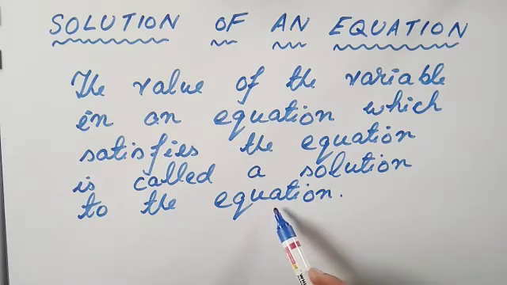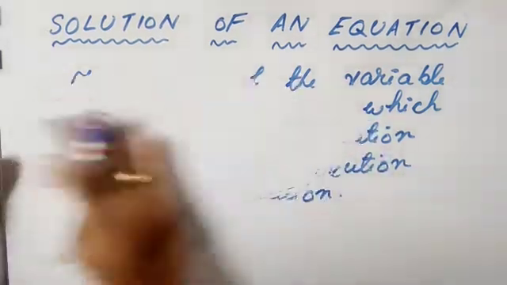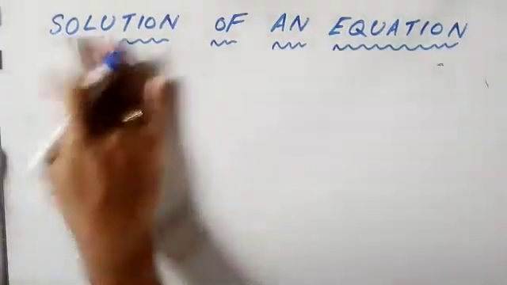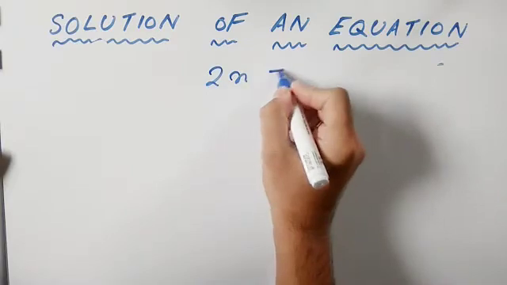Understand? So in short, we can say that it must be the value of the variable in an equation, and that value must satisfy the given equation. Understand? So let's give an example. In the above equation, we have 2n equals 10.